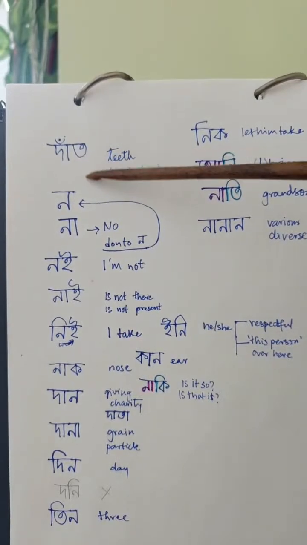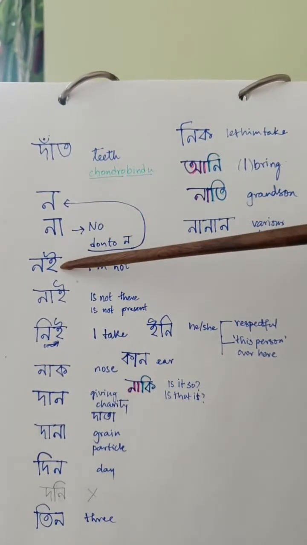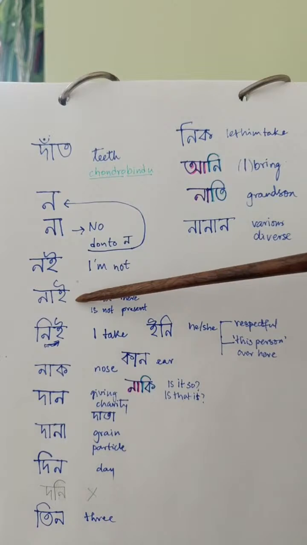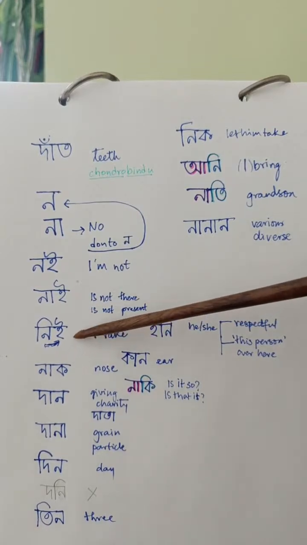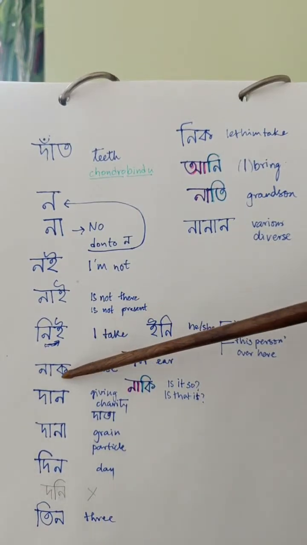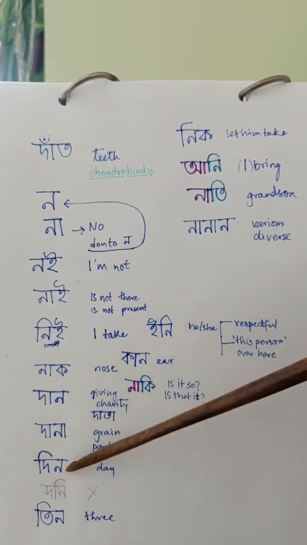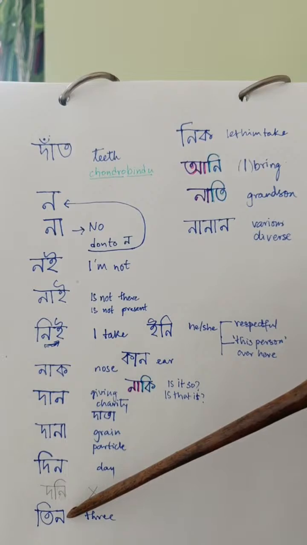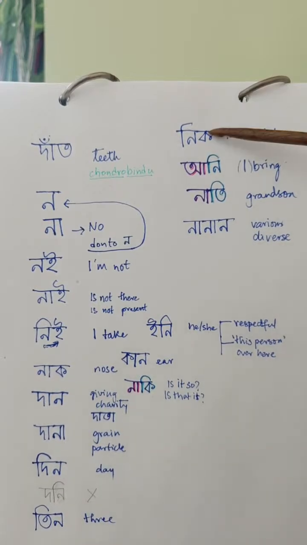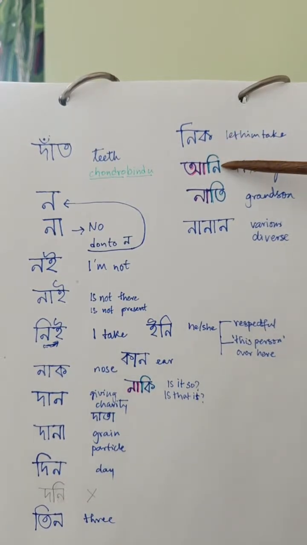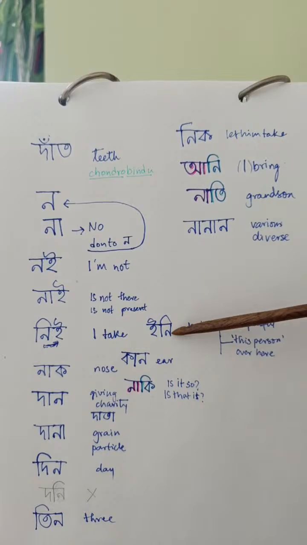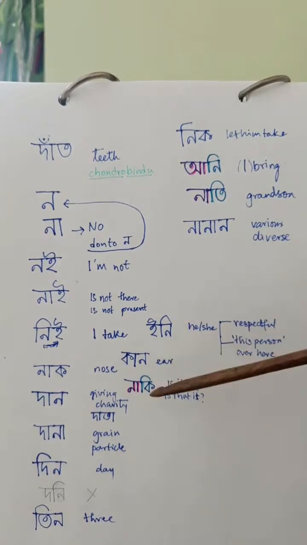Dat, na, noi, nai, ni, nak, dan, dana, din, tin, nik, ani, nati, nanan, ini, kan, naki.